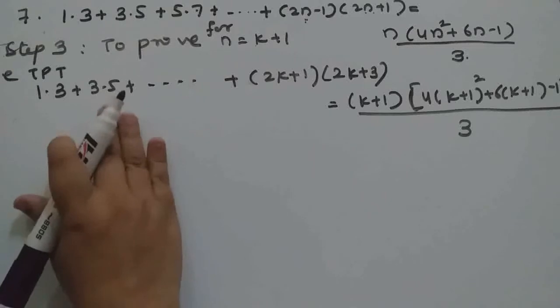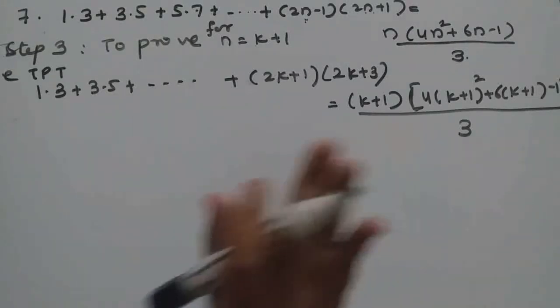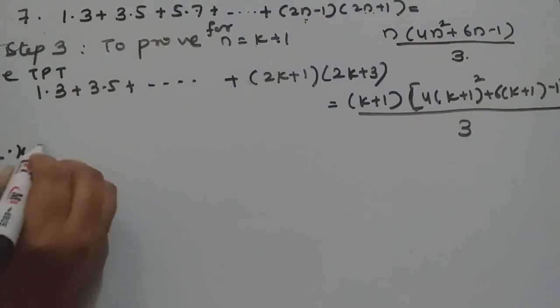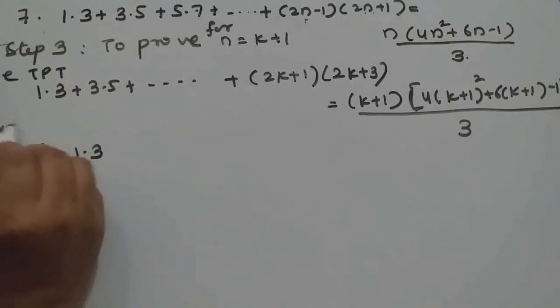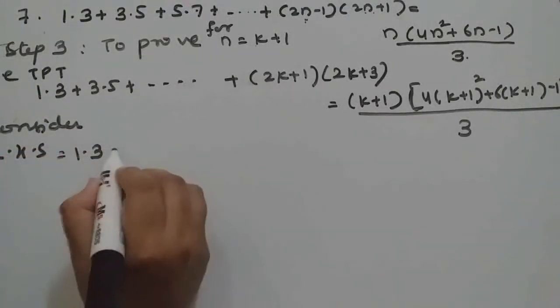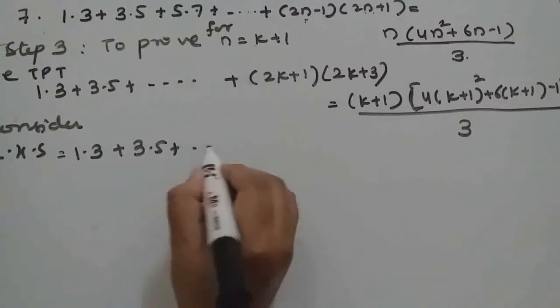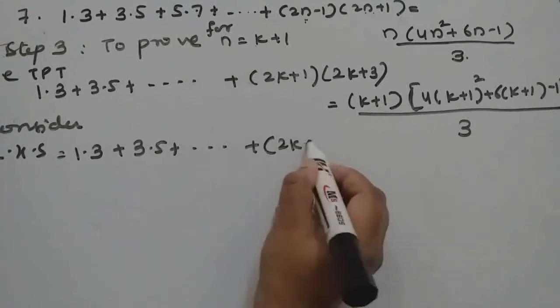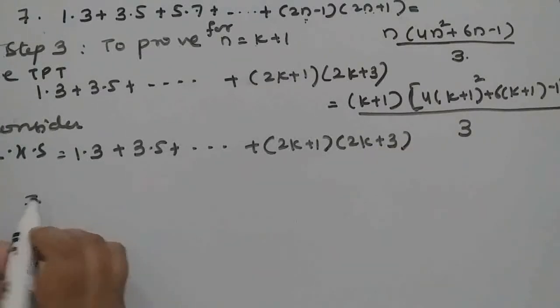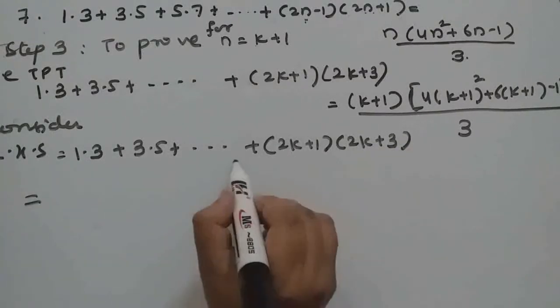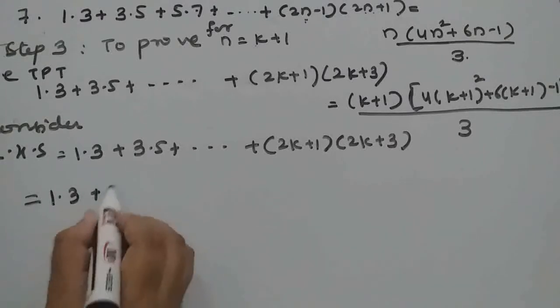So here we will consider LHS and RHS separately. First LHS: 1.3 plus 3.5 up to 2k plus 1, 2k plus 3. Now next step is what? We should find the previous term. How can we find the previous term?